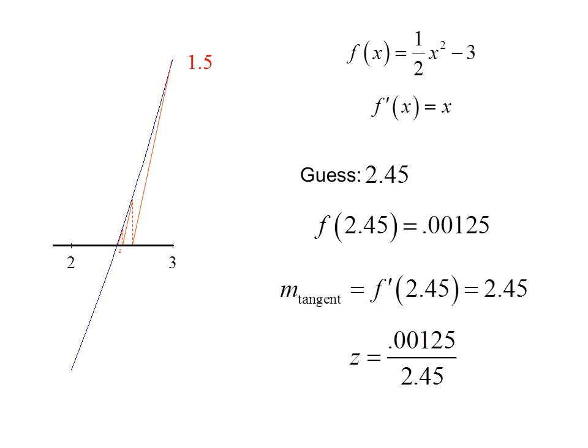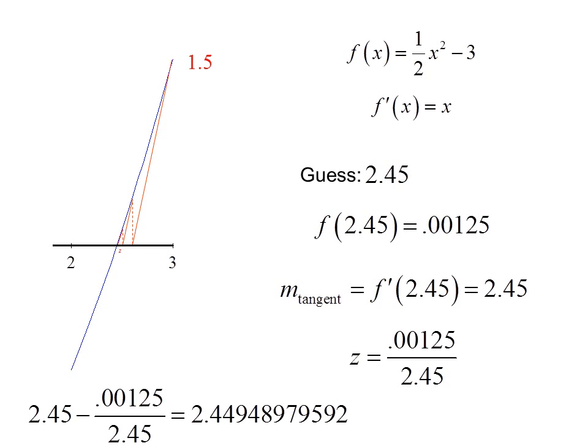Solving for a little tiny z value, which you can just barely see in the picture, I get z equals 0.00125 over 2.45. And now I can calculate a new value, or a new guess.